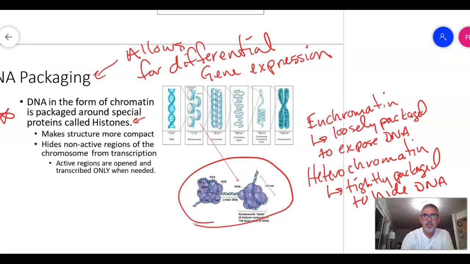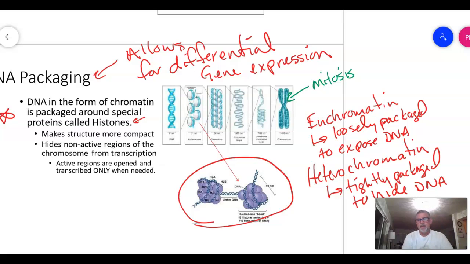And I make these loops, and the end of these loops would be my euchromatin, right? And then this picture of a chromosome is something we only see in mitosis. So essentially mitosis becomes condensed, and it's all heterochromatin at that point, right? So active regions are only transcribed when needed.